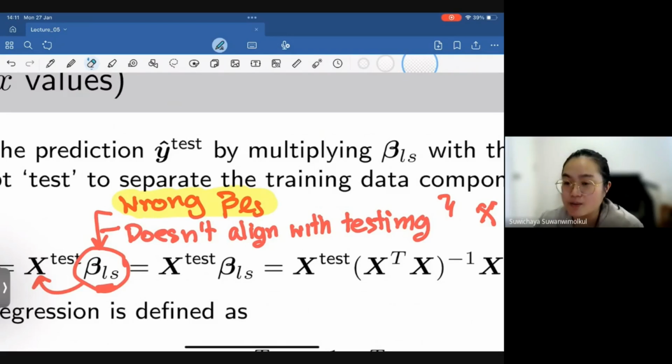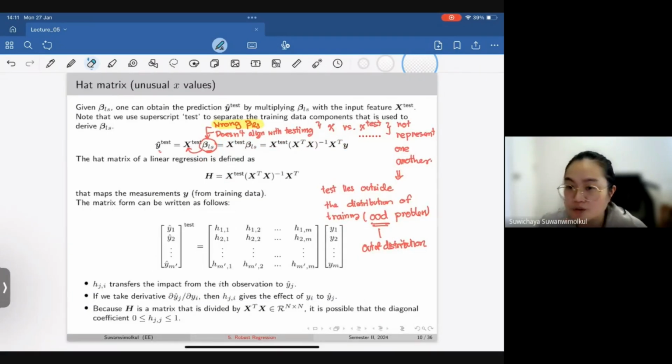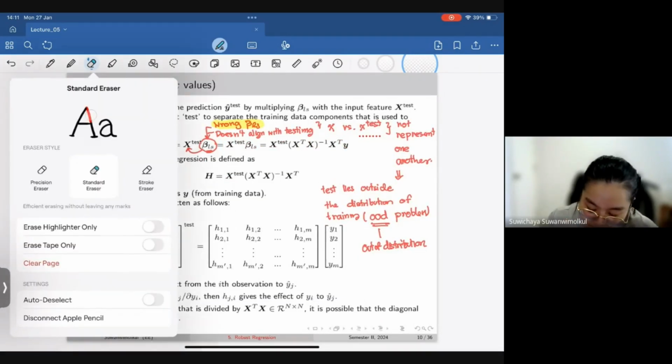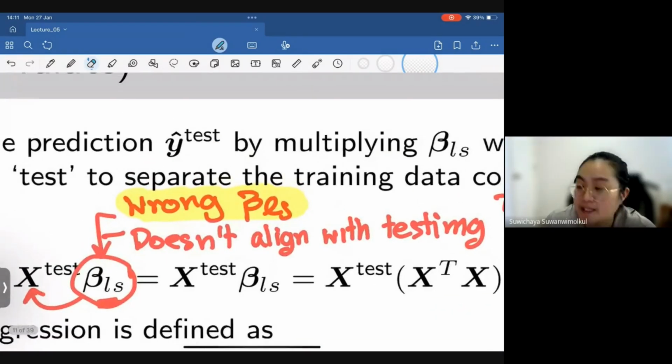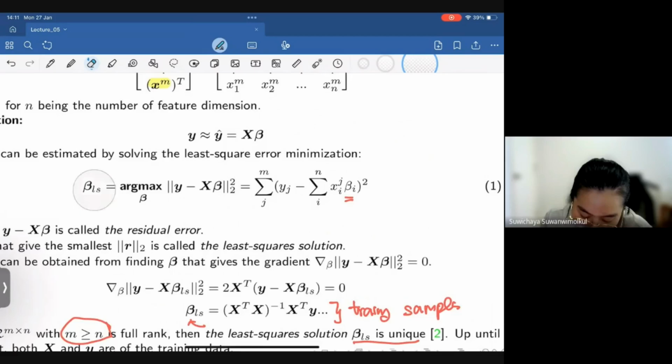But when you only consider outlier removal, probably the only chance that you get the wrong beta LS is when you compute the least square minimization, and you inaccurately compute something in this step.